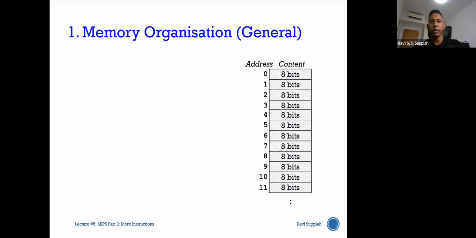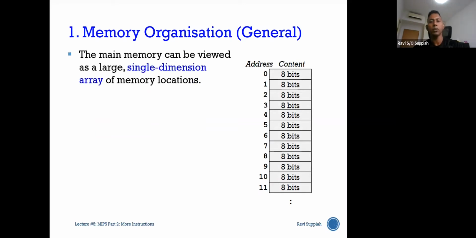Okay, so let's look at memory organization first. Generally, memory can be viewed as a large single dimension array of memory locations. It's just one continuous block of memory locations.